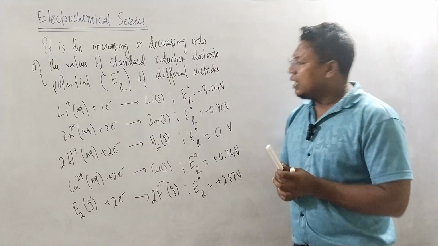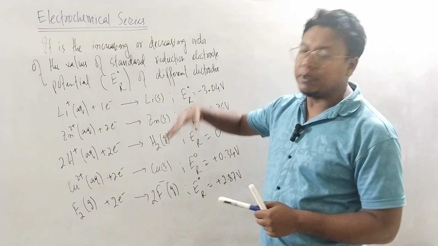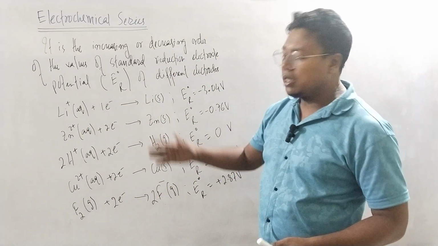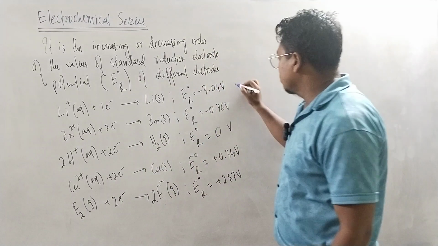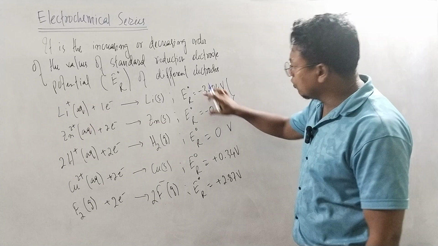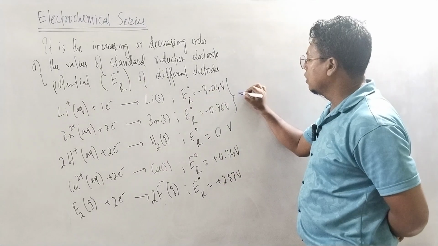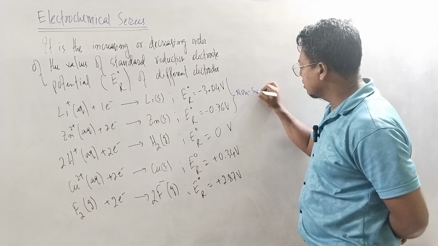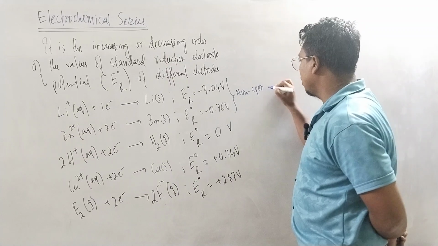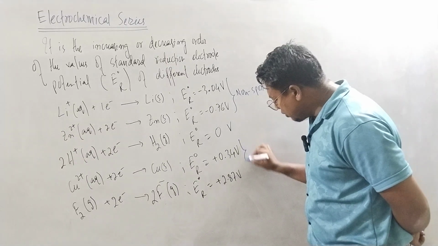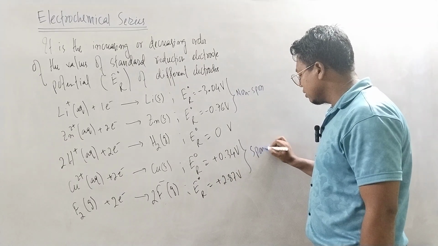Now, between any two electrode reactions there are many other electrode reactions which I just do not write. Okay, so a negative value of E_R naught indicates non-spontaneous, which does not occur on its own, and a positive value of E_R naught indicates spontaneous.